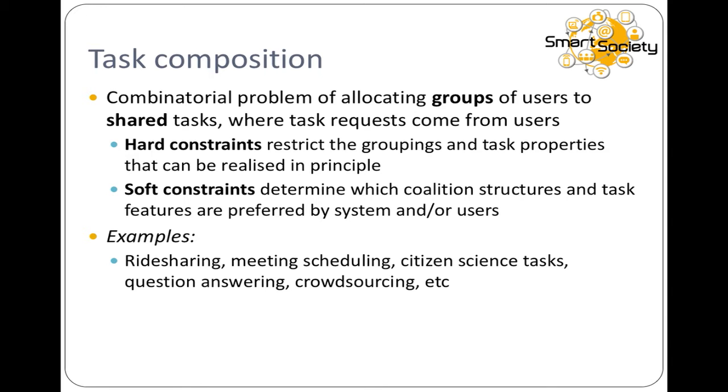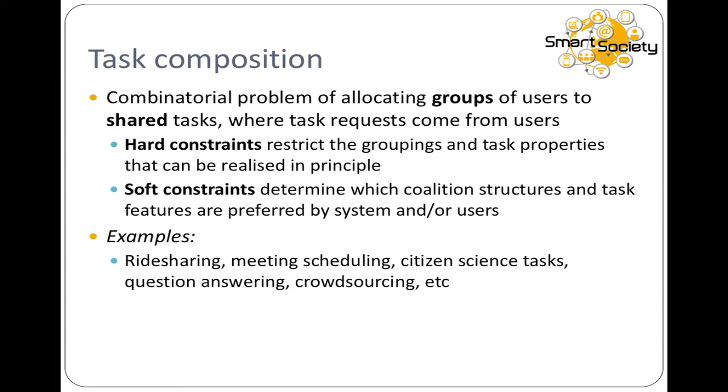Now, this may involve hard constraints, so really constraints that predicate what users' requests match each other, and that can be realized where certain tasks can be realized in principle, or soft constraints. So apart from just matching, we want to also consider things that reflect users' preferences. So even though something may be possible, it may not be something that the user might be actually interested in.